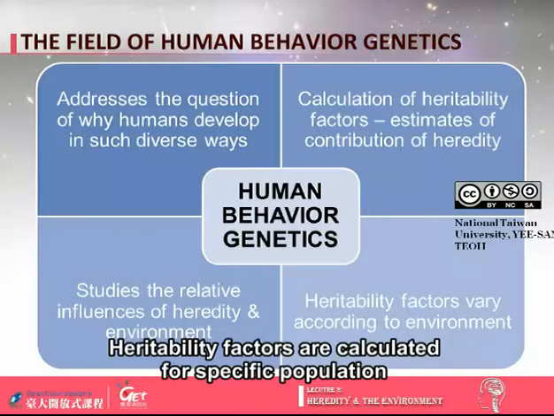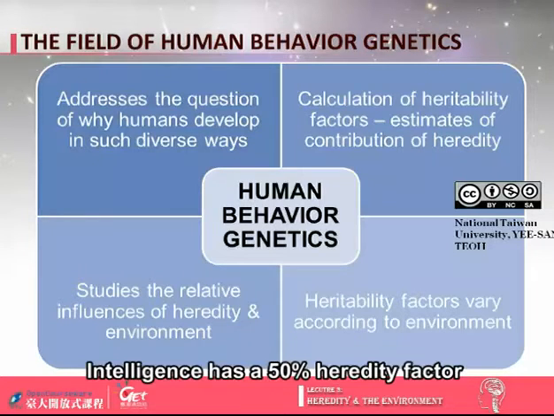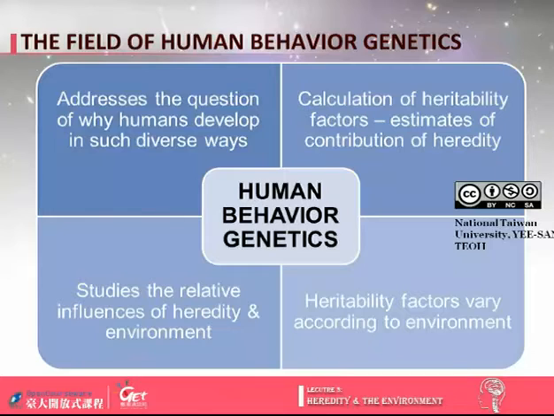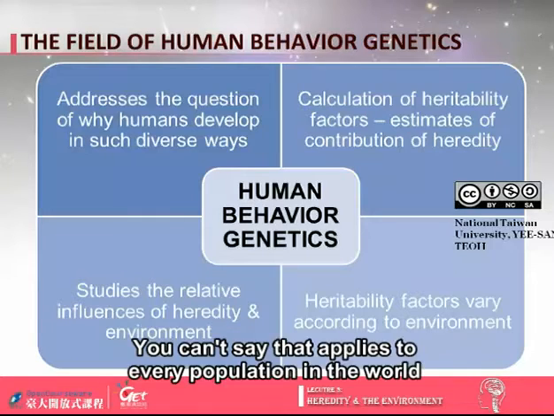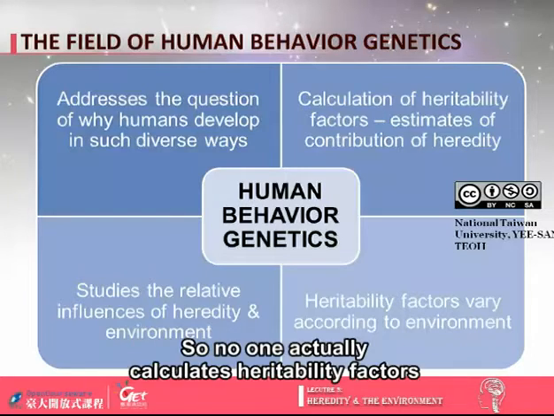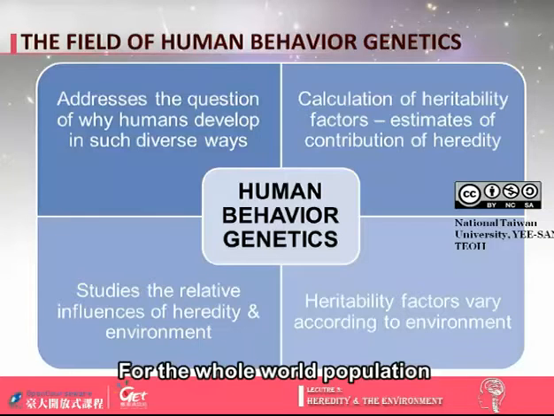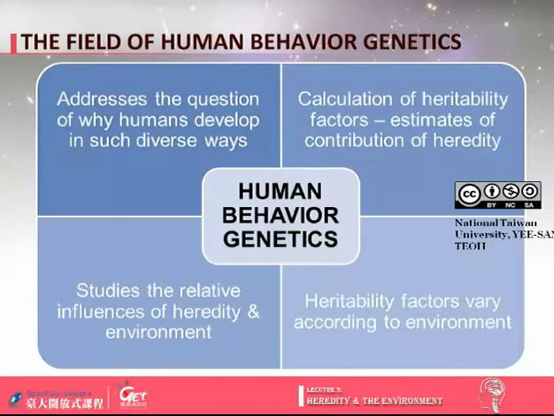Heritability factors are calculated for a specific population. You can't just say intelligence has a 50% heredity factor. You can't say that applies to every population in the world because it doesn't. So no one actually calculates heritability factors for the whole world population. Okay, it's specific to a population.